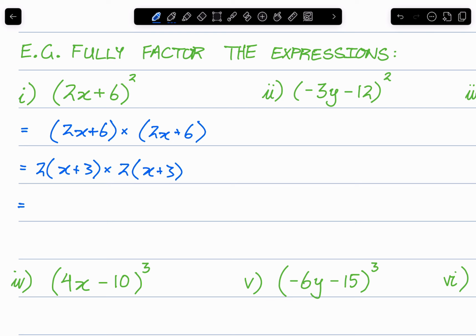We can now bring this back together, and these two 2s become 4 outside of, and now take a look, there are 2 groups of x plus 3, so it becomes x plus 3 all squared. So it was x plus 3, but the number in the front that we factor isn't simply just 2. Let's do this one more time.